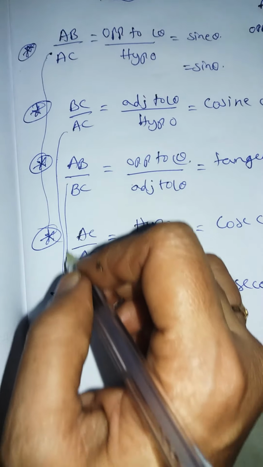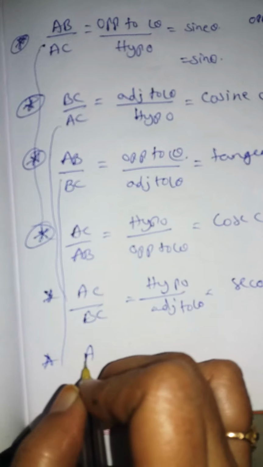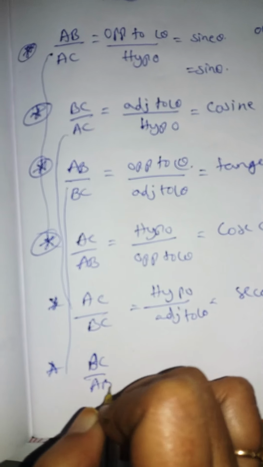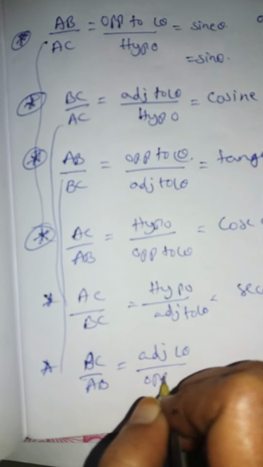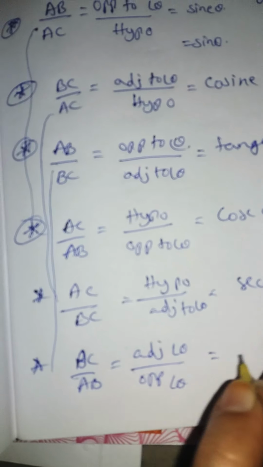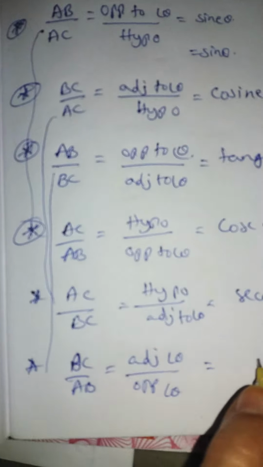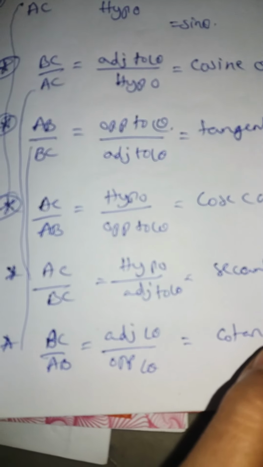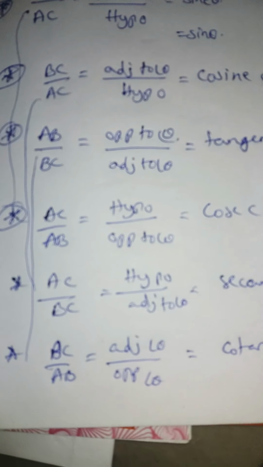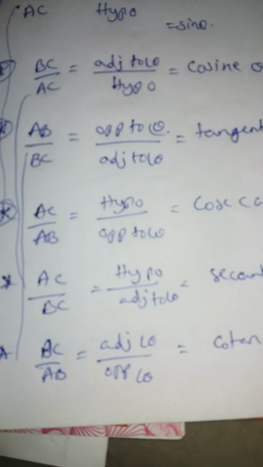And the ratio of BC by AB, which is adjacent to angle theta by opposite to angle theta, is cotangent theta, or cot theta.